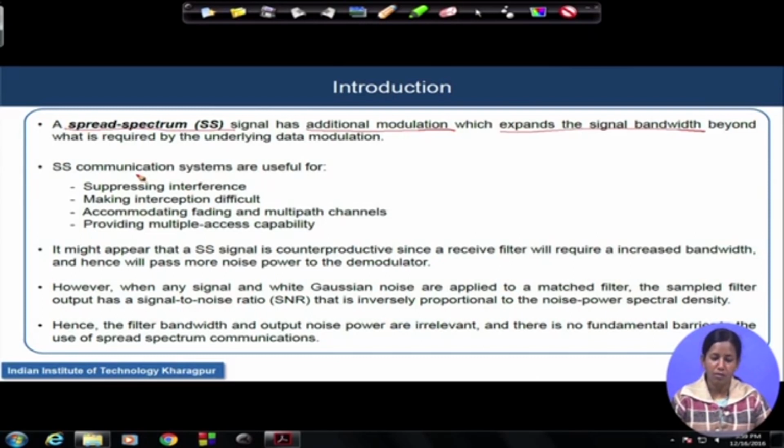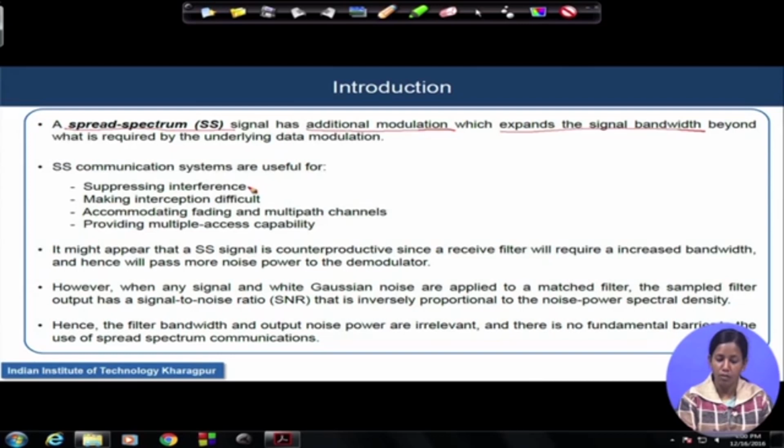So, let us first understand the benefits because of which we are intentionally spreading the signal and utilizing some redundant bandwidth to transmit data, for which the data modulation bandwidth is really far below the spread bandwidth. The spread spectrum communication system is basically very useful for certain cases.